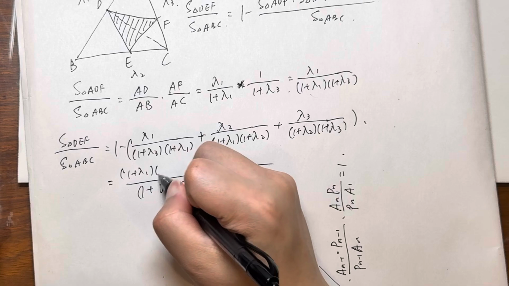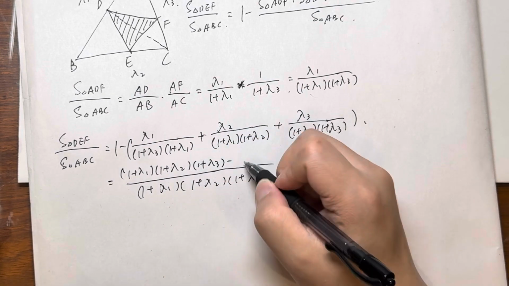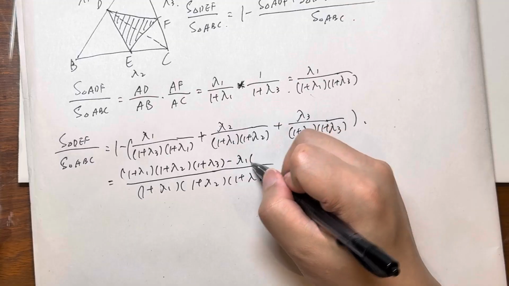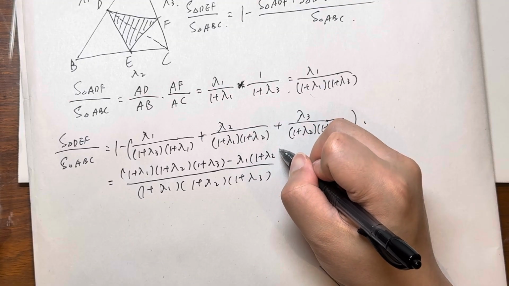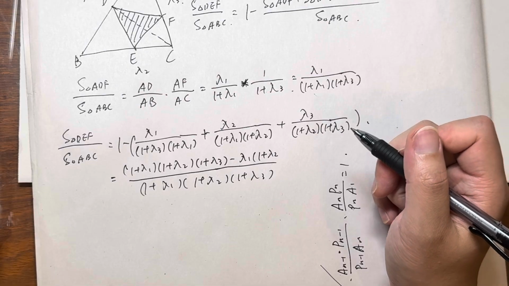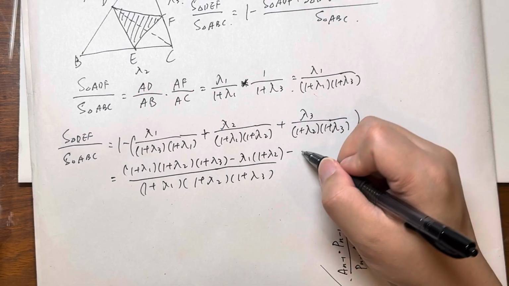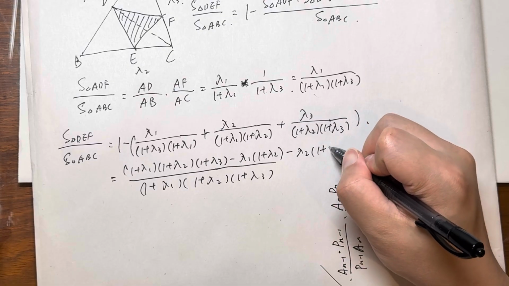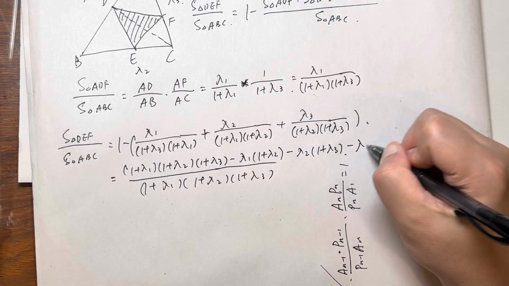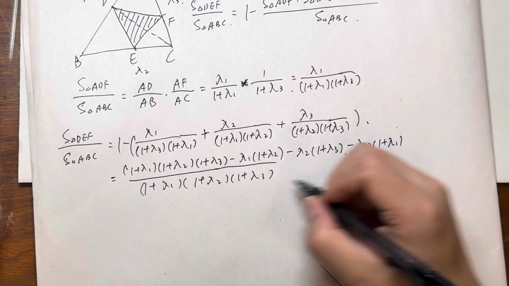1 plus lambda 1, 1 plus lambda 2, 1 plus lambda 3, minus lambda 1, 1 plus lambda 2, minus lambda 2, 1 plus lambda 3, minus lambda 3, 1 plus lambda 1, right?